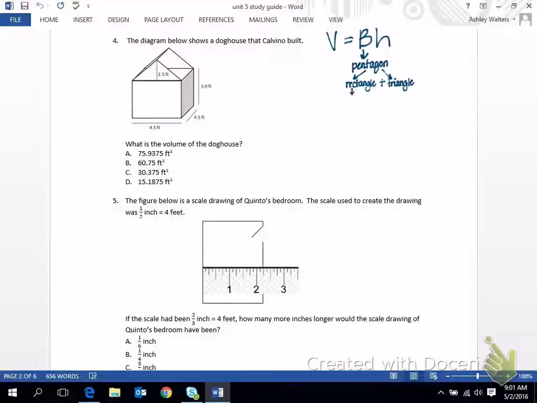The area formula for a rectangle is length times width. And the area formula for the triangle is base times height divided by 2. So now we can fill in those numbers to get the area of the pentagon.